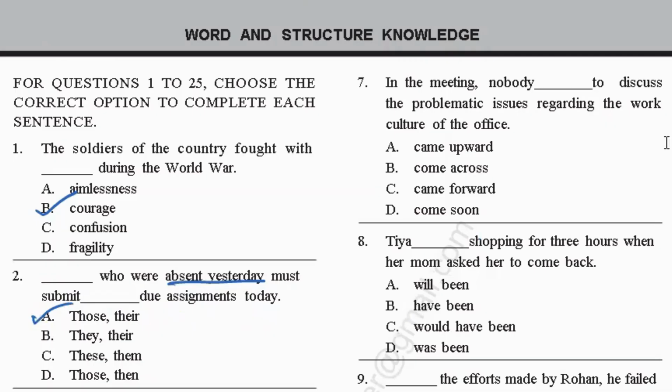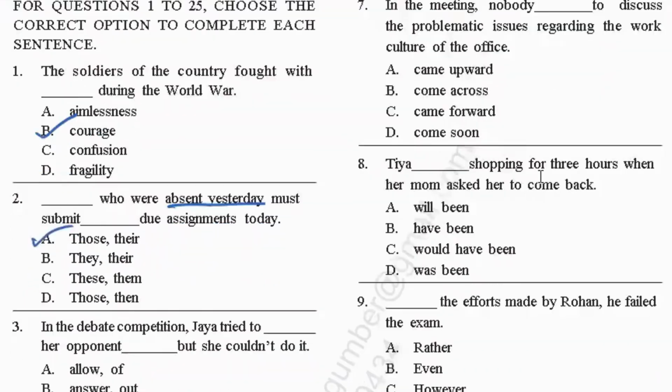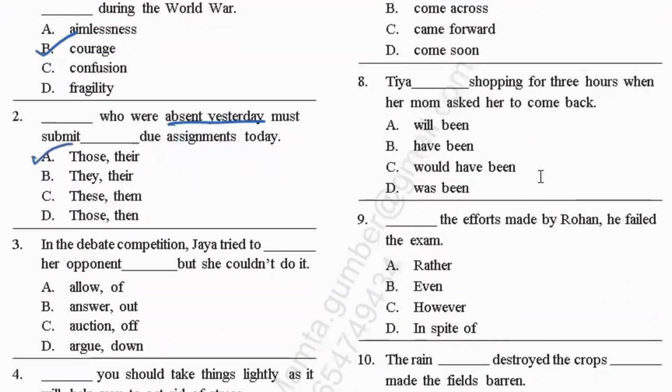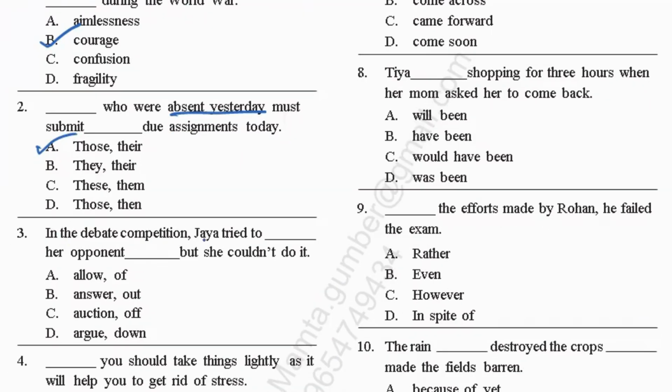Now let's go to the third question of this paper. In the debate competition, Jaya tried to dash her opponent dash, but she couldn't do it. Here we need a phrasal verb to complete this sentence.